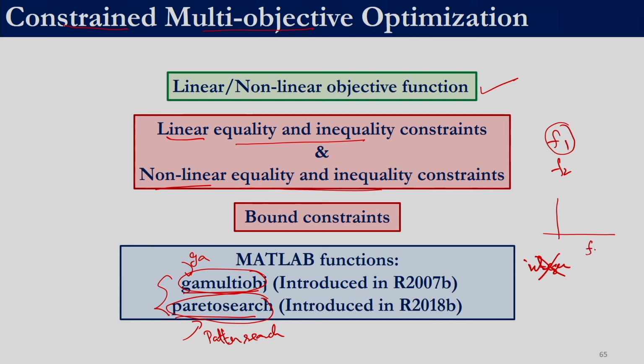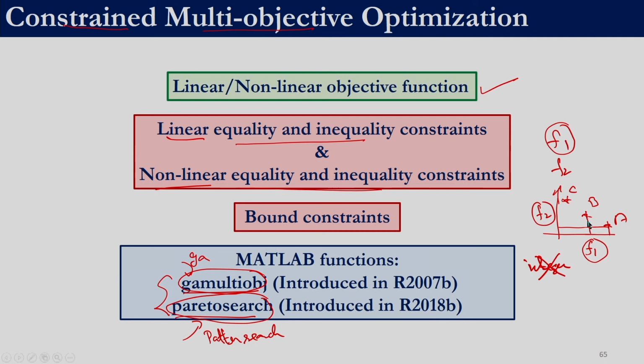If both objectives f1 and f2 are to be minimized, remember this is not the decision variable space, this is now the objective function space. Let us say we have these 3 points: A, B and C. None of these 3 points is inferior to the others. Point A has a very good f2 value, because we are minimizing both objectives, but it has a poor f1.